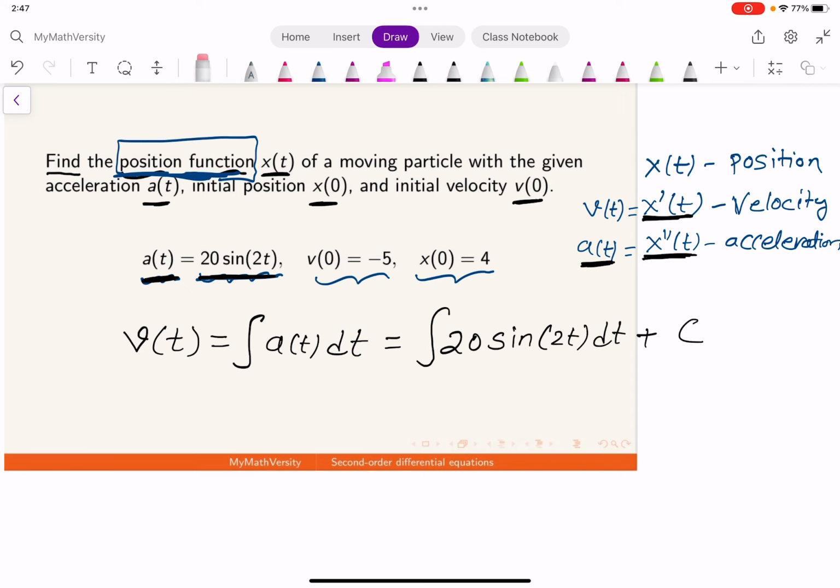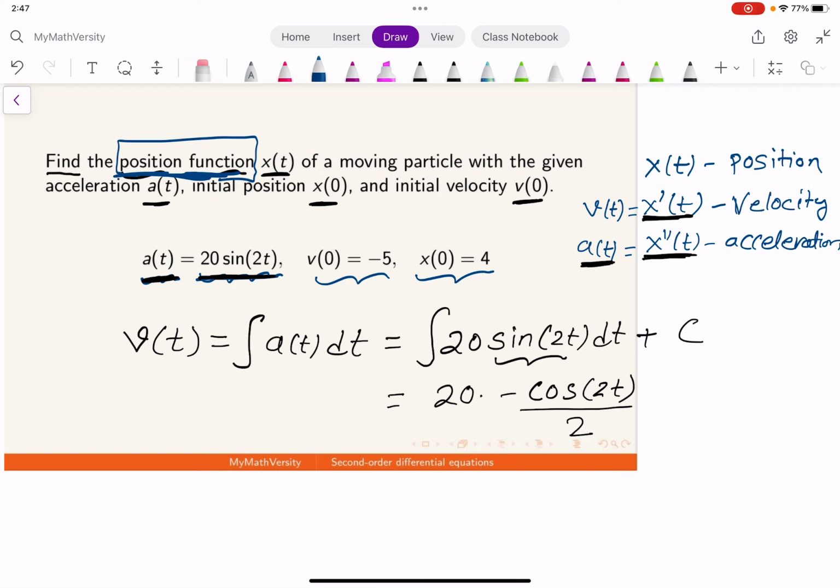So what do we get here? This is equal to the antiderivative of 20 times sine of 2t. 20 is a constant, multiplied by the antiderivative of sine of 2t. The antiderivative of sine is negative cosine, and because of the substitution rule, we have negative cosine of 2t divided by 2, right?